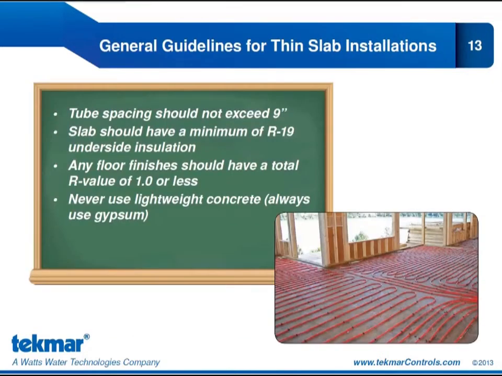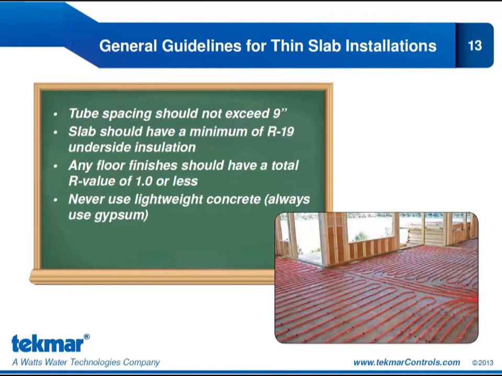Now the general guidelines for thin slab installations are that the tubing should not exceed 9 inches. So now we are reducing that upper limit on the tubing because we have slightly less heat transfer capability with the thin slab. The slab should have a minimum of R19 underside insulation.